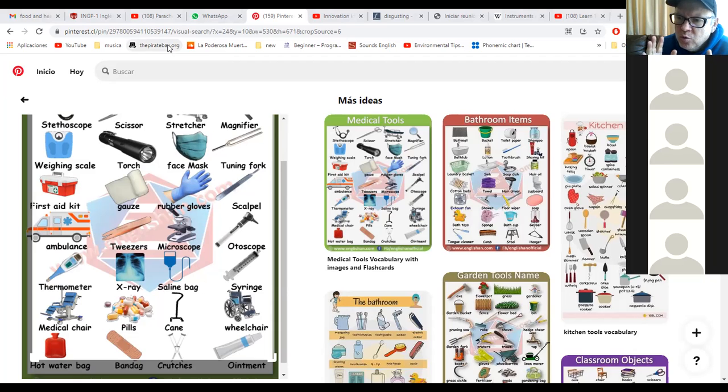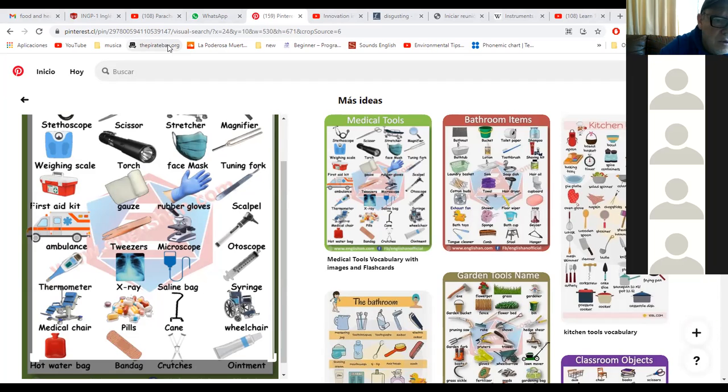You are going to describe, with very simple English, one of these tools, and your partner or partners in the little group are going to try to guess or discover that medical tool you are describing. Let me give you one or two examples.